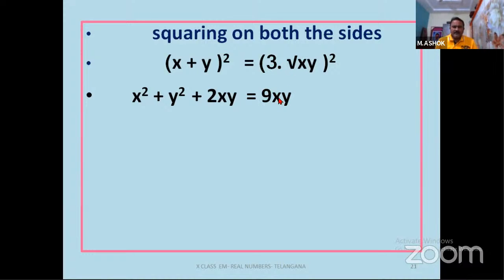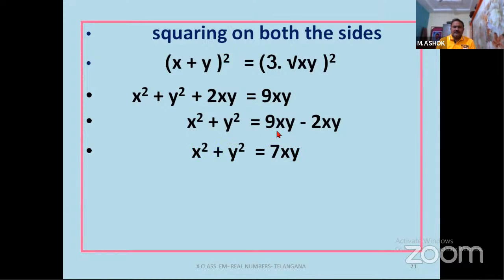Now send 2xy to the right side because they are like terms. So x square plus y square is equal to 9xy minus 2xy, that is 7xy.